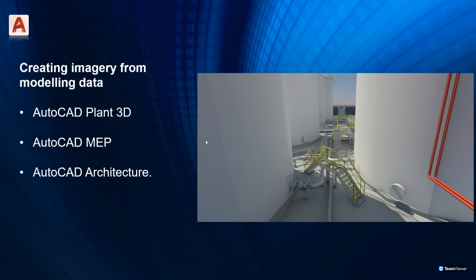In AutoCAD MEP, it's your piping, your hot and cold water systems, your plumbing, your toilets, things like that. In AutoCAD Architecture, the walls, the doors, the windows, all pre-set up 3D objects in AutoCAD. You just bring those in, you take your materials and plop them onto those different objects, and when you've got your modeling data and your 3D imagery, it comes out quite nicely as well.